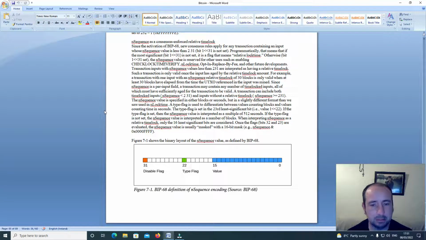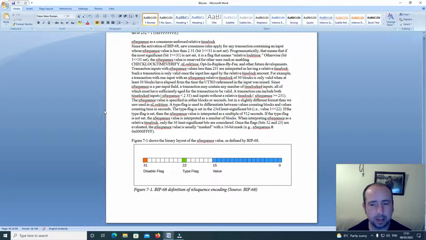The type flag is set in the 23rd least significant bit, i.e., value 1<<22. If the type flag is set, then the nSequence value is interpreted as a multiple of 512 seconds. If the type flag is not set, the nSequence value is interpreted as a number of blocks.